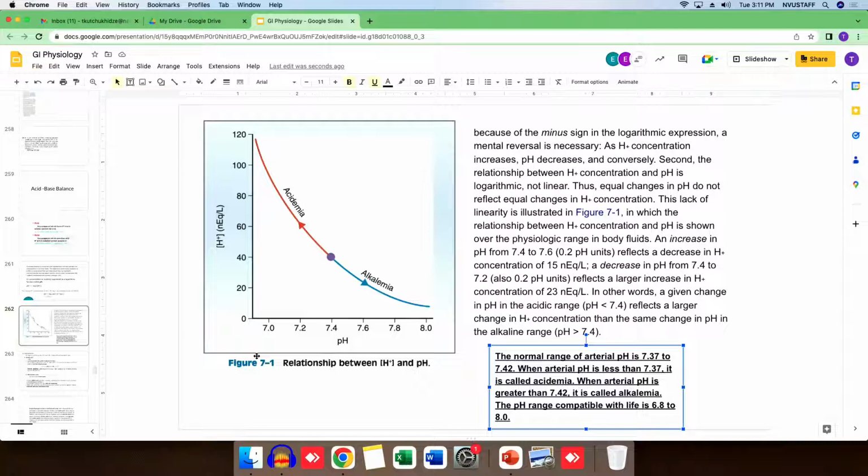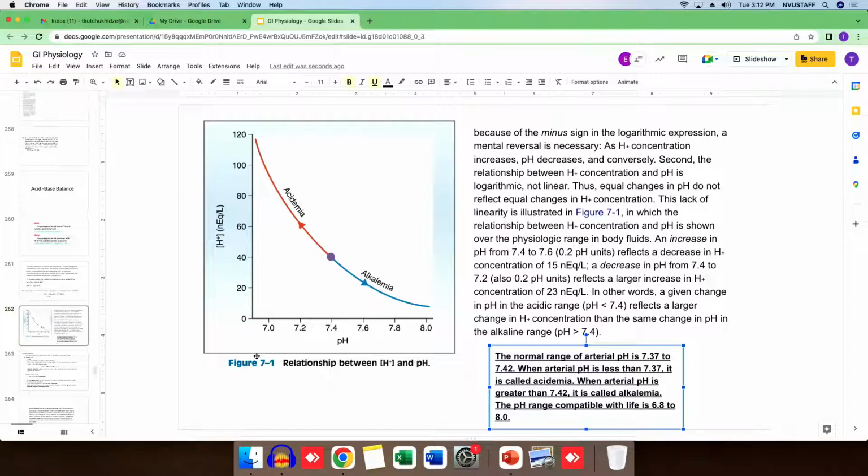So the idea is that pH and H are not dependent on each other linearly. What does a linear dependence mean? Proportionally. Regarding the pH, it's not like that. It is not linear; it is called logarithmic, as you see here.